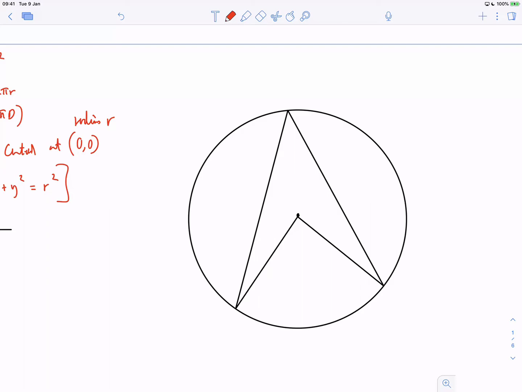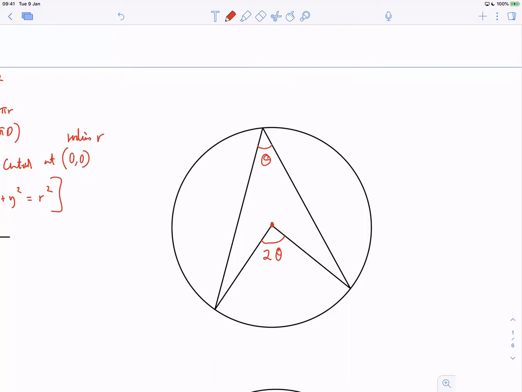If I've got a circle and I've got the center, which is this red dot, then this angle here and this angle here are related in such a way that if this is theta, then this is 2 lots of theta. And I forget the name of this. It's called various things. It might be twice the angle at the center.